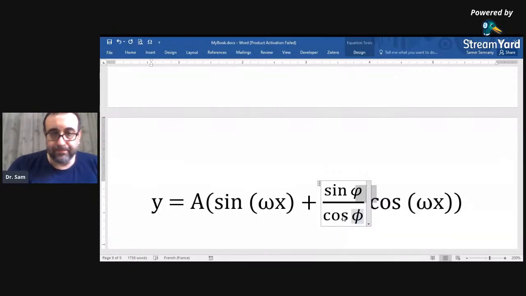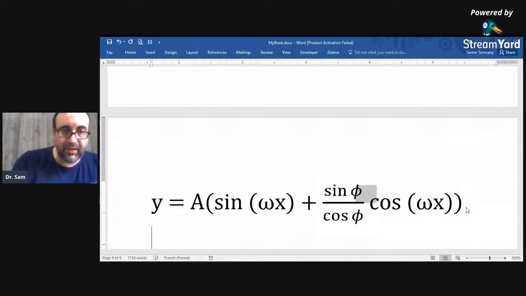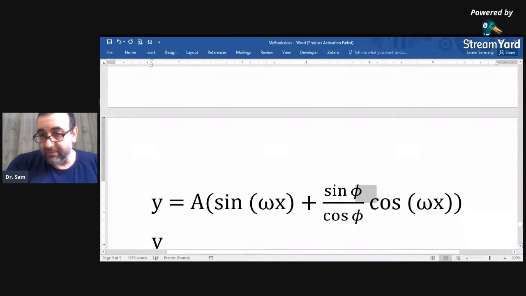Okay, we will use the same phi here. Now if I take cosine phi, I multiply and divide by cosine phi.